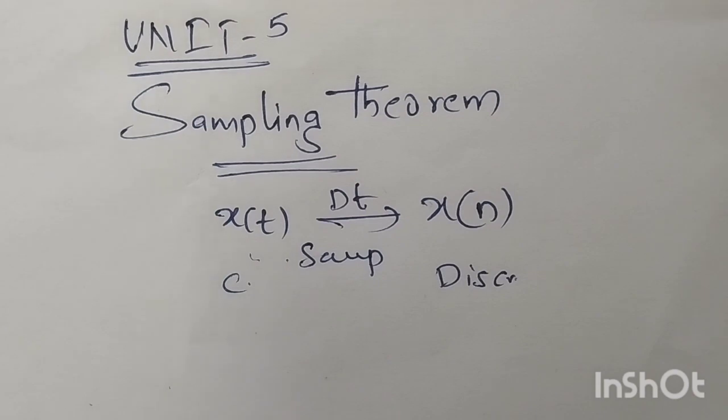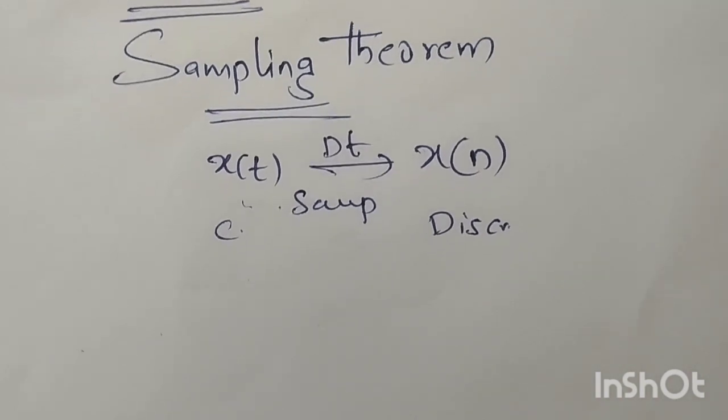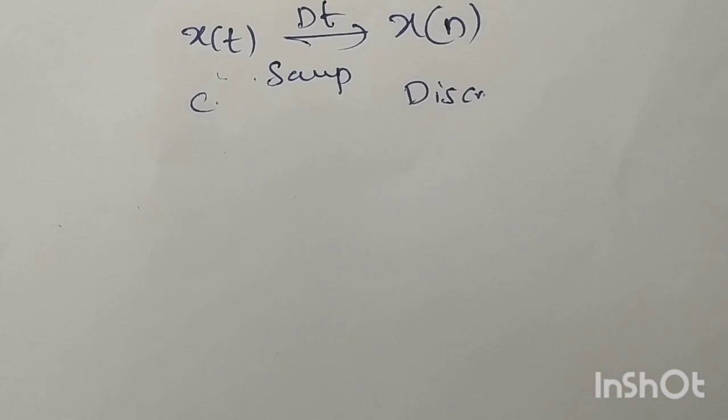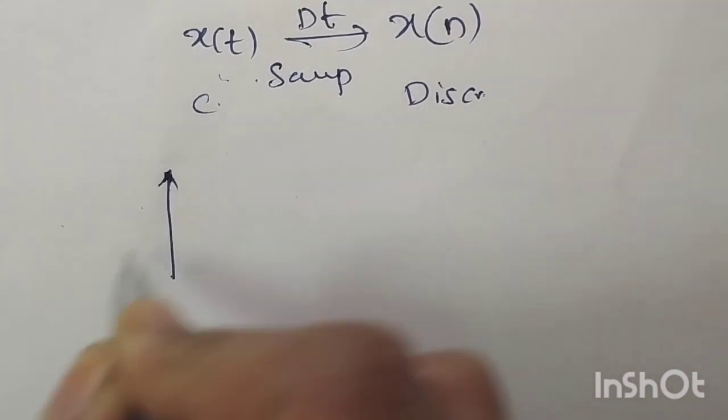Different types of coding techniques will be there, and that concept is in the digital communication subject. Here we are going to discuss only how to convert a continuous time signal into a discrete time signal, that is, extraction of samples.